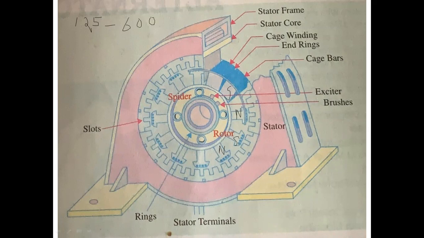In almost all cases, the necessary exciting current is obtained from a small DC shunt generator. This small DC shunt generator is belted or mounted on the shaft of the alternator itself.